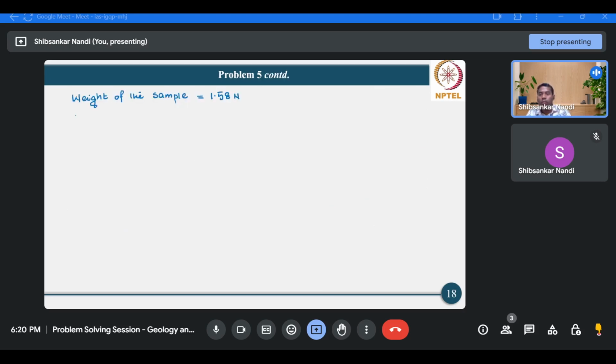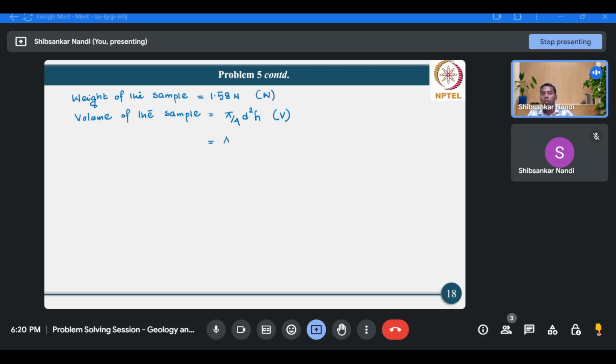And what is the volume of the sample? Since the sample is cylindrical in shape, the volume of the sample would be pi by 4 D square h.